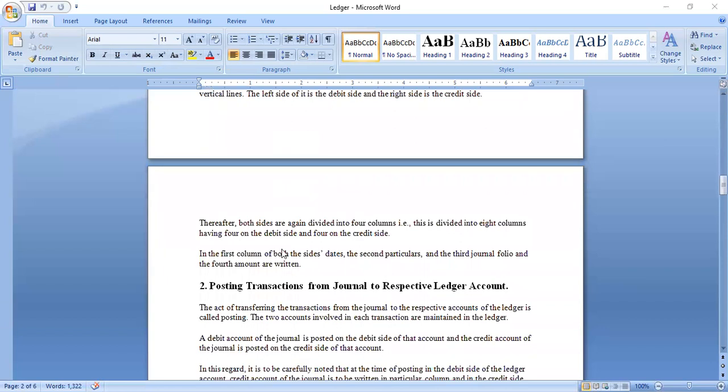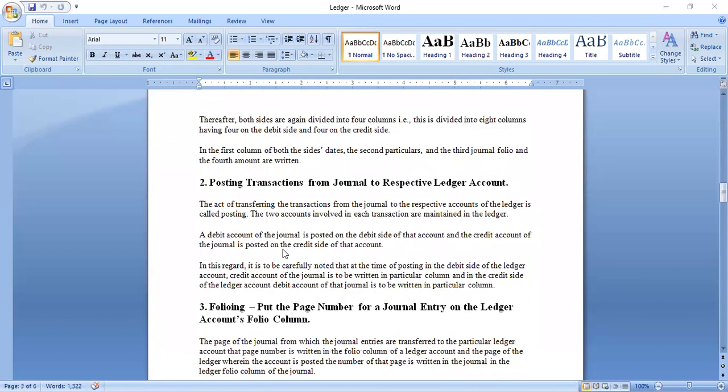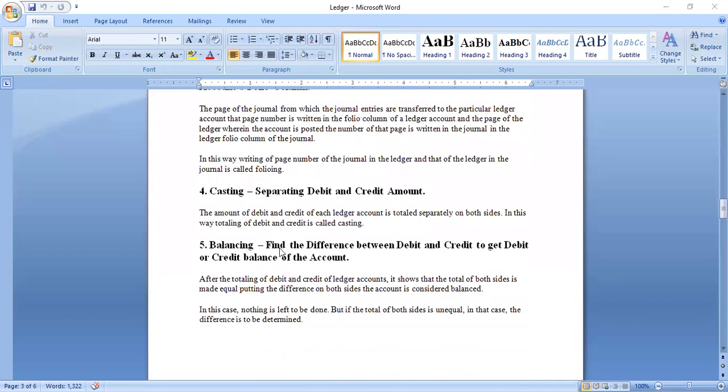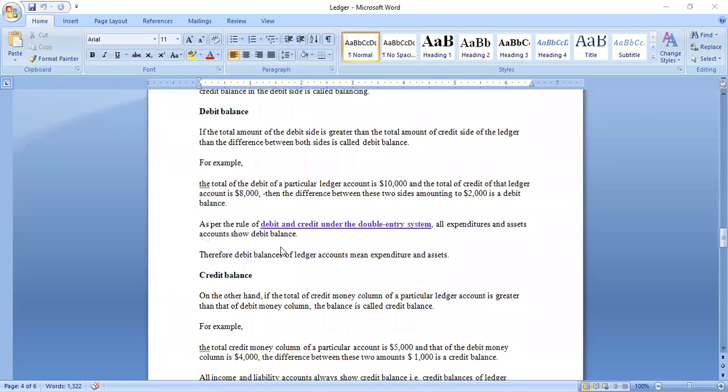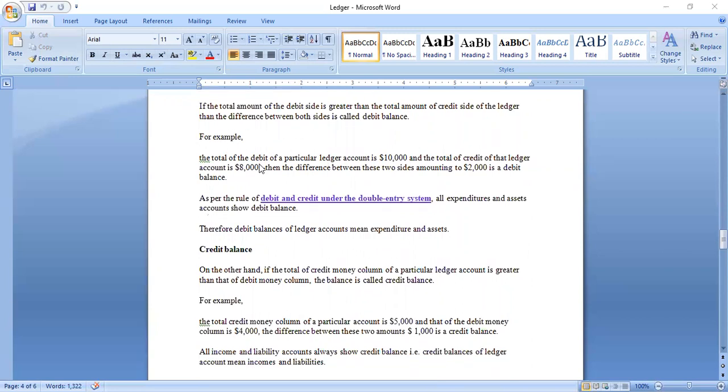So from the discussion, we easily know how to prepare the ledger account. Now, for an example yourself: the total of the debit of a particular ledger account is $10,000, and the total credit of the ledger account is $8,000.